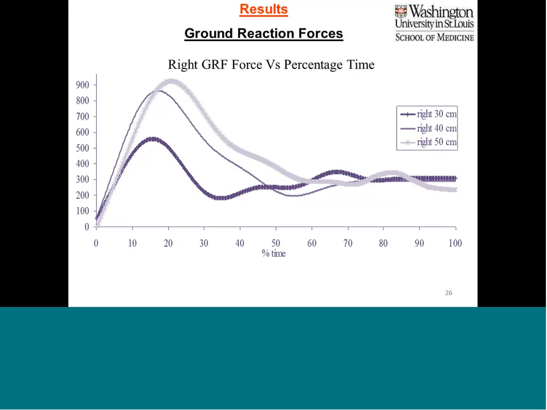Since the athletes who participated in this study were mostly healthy and trained athletes, there were no abrupt changes in the ground reaction forces through the jumping heights. And it would be interesting to find out what happens when unconditioned athletes actually perform jumps through those heights.